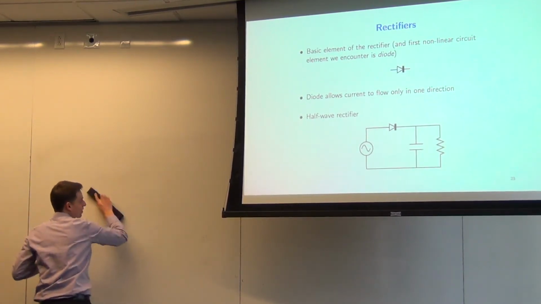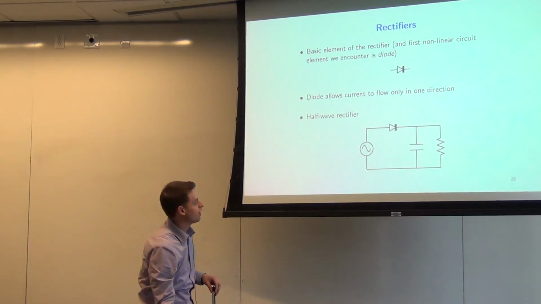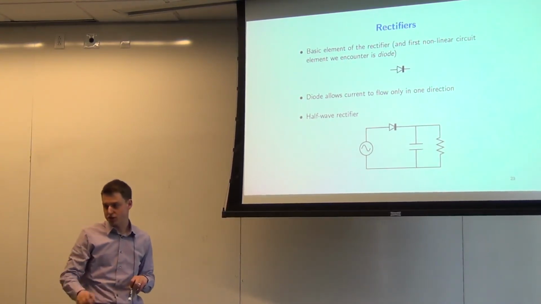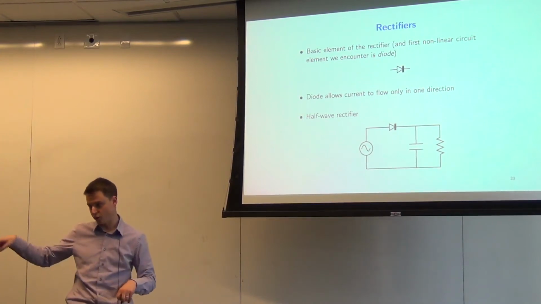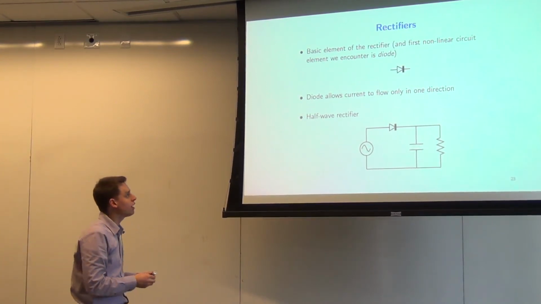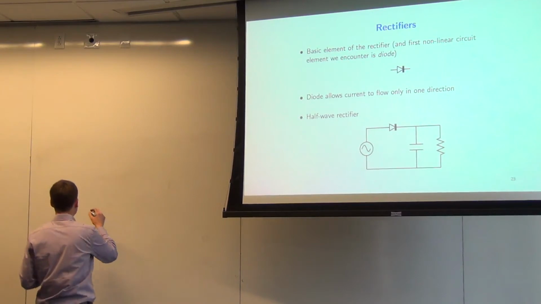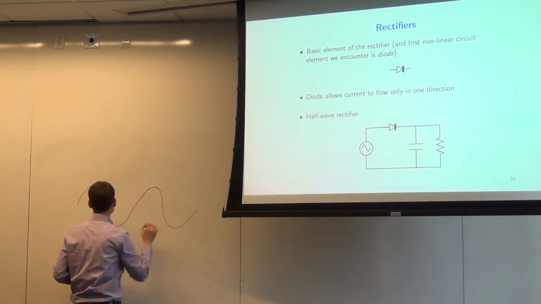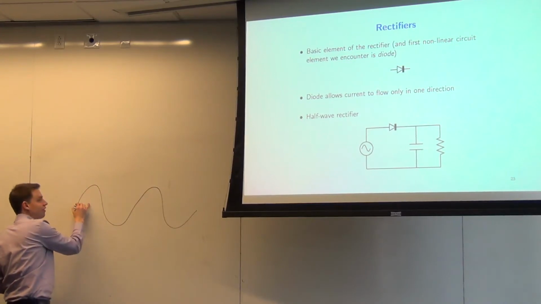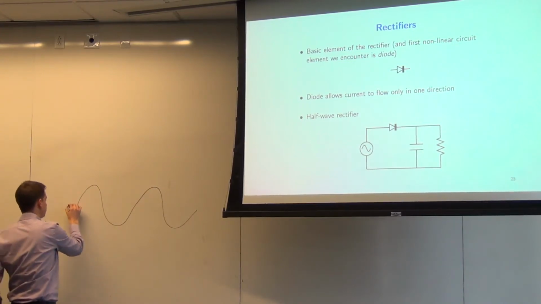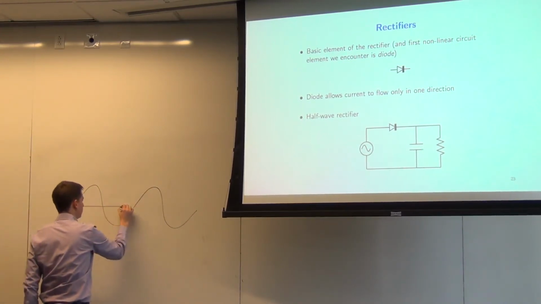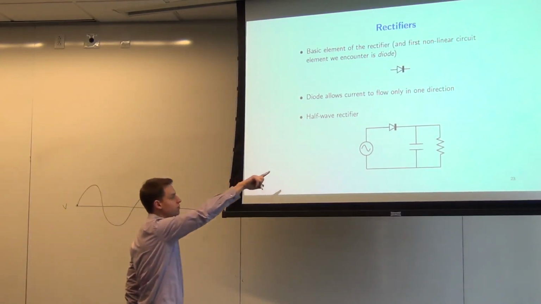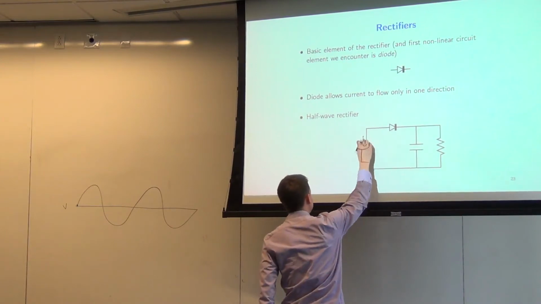What this circuit will do, and I'll actually work it out in Quux in a second, because we're going to do a different type of analysis now, which is transient analysis, where we see the actual current and voltage waveforms over time. But you might imagine, here's the full AC signal. This is the voltage here. That's 0. So this will let current flow only when the voltage is positive here and negative here.